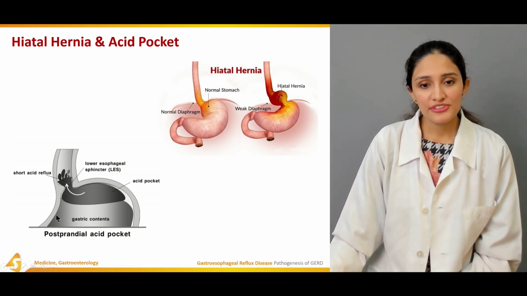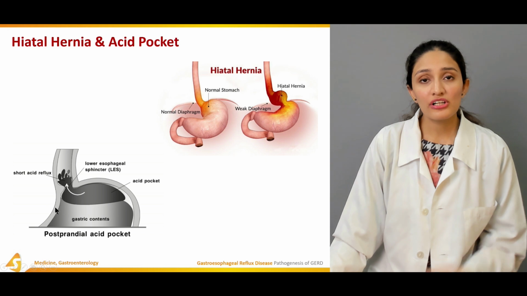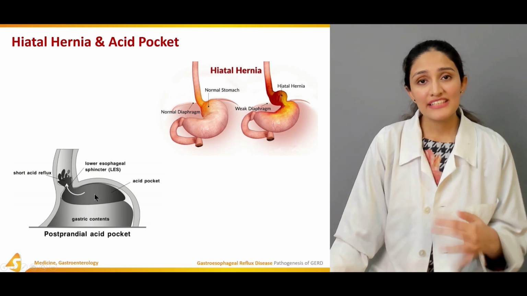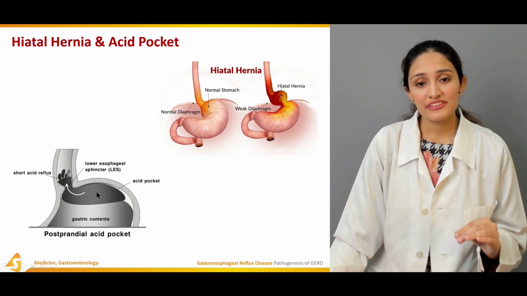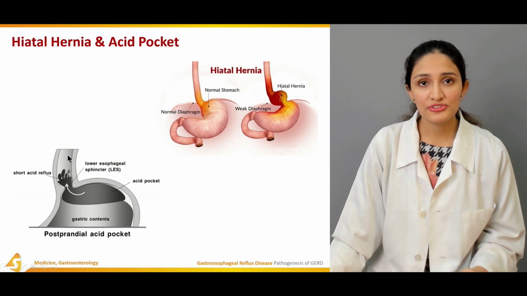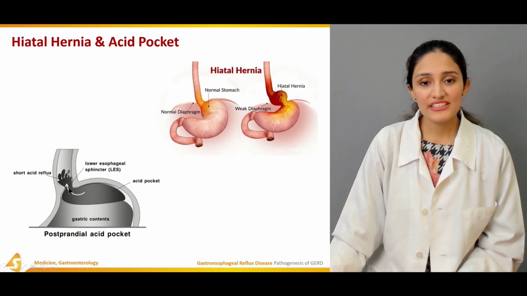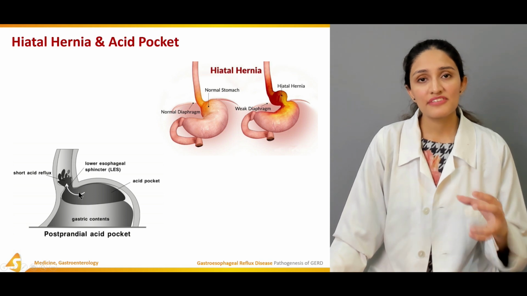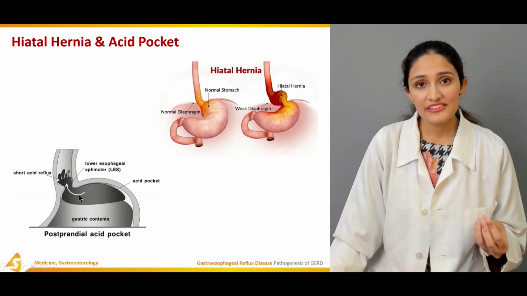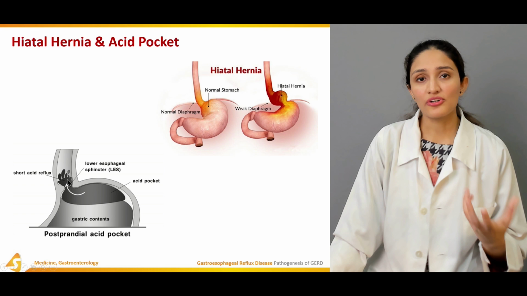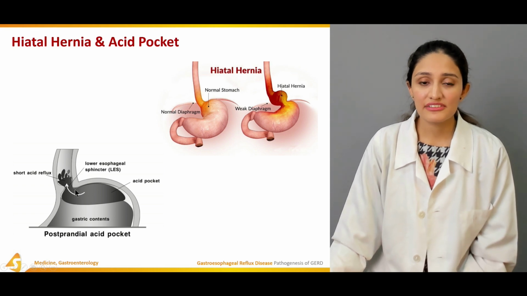So the other gastric contents that occur over here are all being buffered. But there's a zone over here which remains unbuffered. The acidity of this zone is very high compared to the esophagus and the stomach. So this is called the acid pocket. Whenever the acid in this pocket has an increased acidic property, it refluxes back and causes reflux disease.